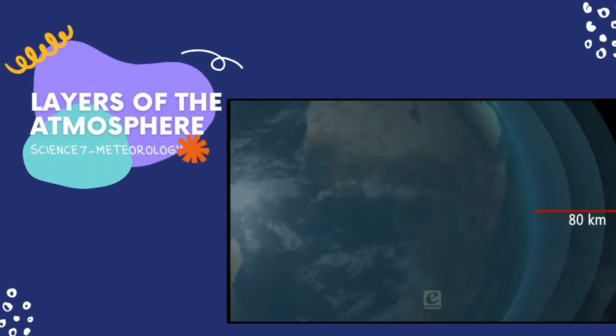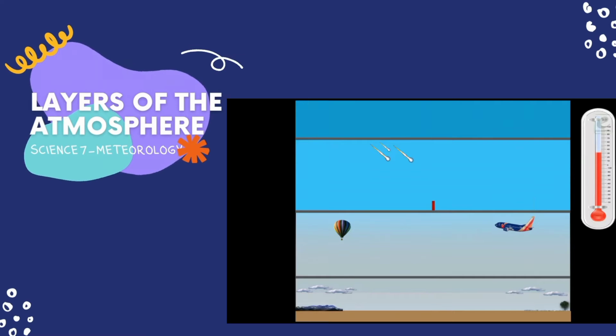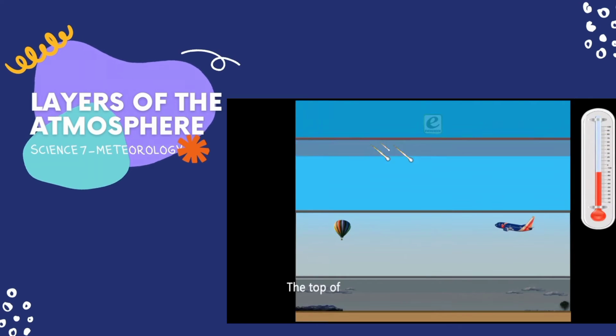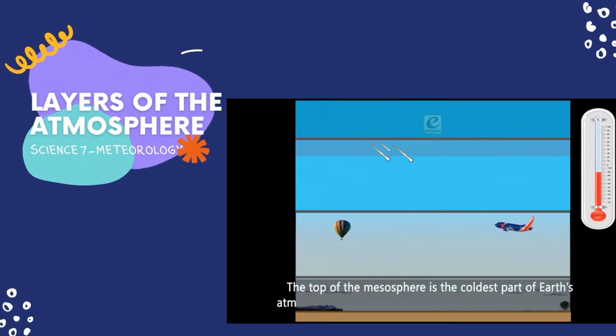In this layer, the temperature decreases with height. As you go higher around the mesosphere, the temperature decreases. The top of the mesosphere is the coldest part of the Earth's atmosphere.